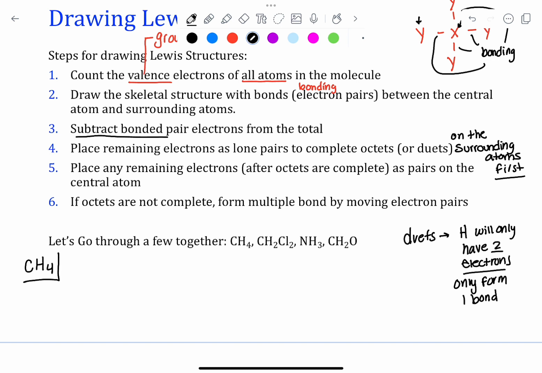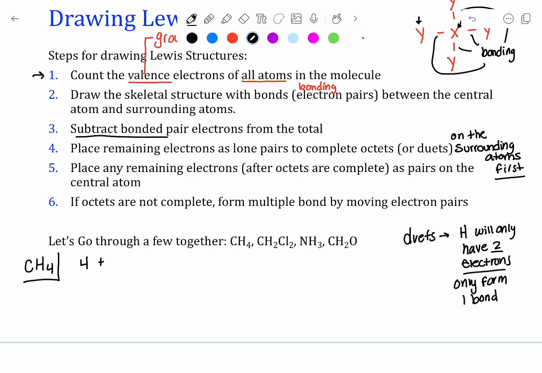Our first step, we have to count our valence electrons of all atoms in the molecule. So we look to our molecule, CH4. That means I have 1 carbon. That carbon has 4 valence electrons, because it's in group 4A. We then have hydrogen.